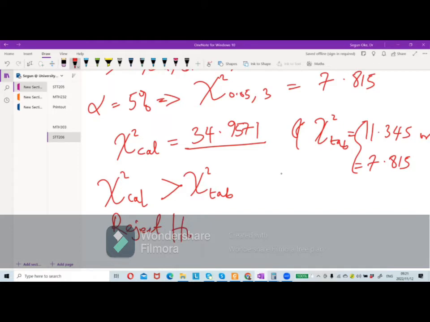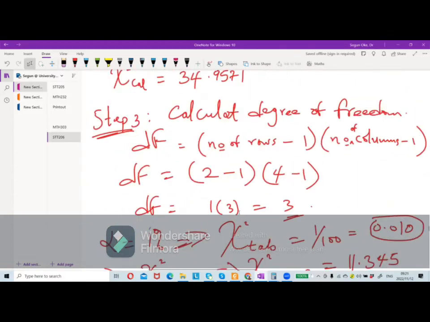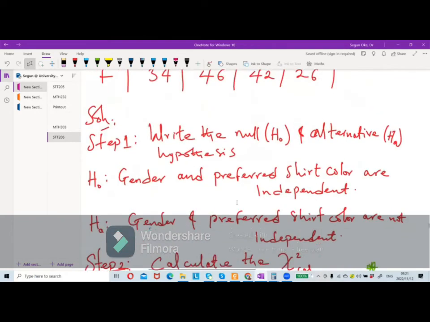Therefore, let's go to our H0. Look at it. The H0 said gender and preferred shirt color are independent. So if I reject this H0, what does it mean?